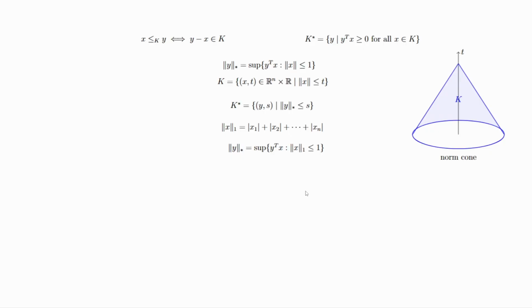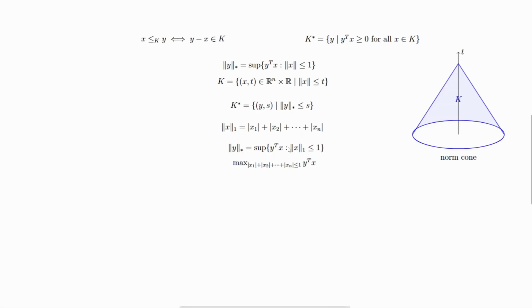So remember the L1 norm of x is simply just the sum of all the absolute values of the components of x. And so the dual norm is simply, we want to find the maximum or the supremum of y transpose x subject to this L1 norm constraint. So let's figure out what this dual norm is equal to.